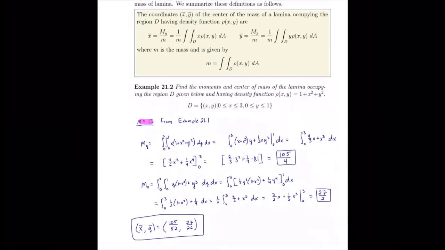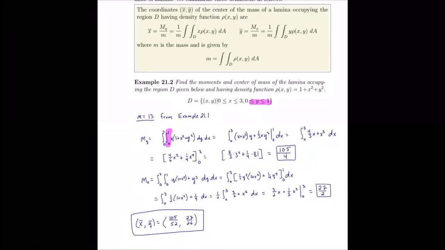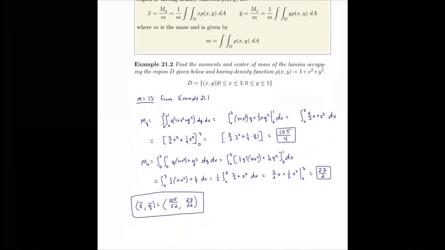We arrive at this, which is essentially a Calc 1 integral, power rule, integrating from 0 to 3. The rest of the details on this one are pretty straightforward to follow, but we arrive at 105 over 4. Okay, the moment about the x-axis, again, that's y times rho of x,y, y times the density function.